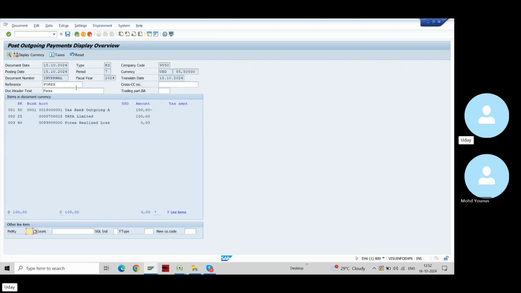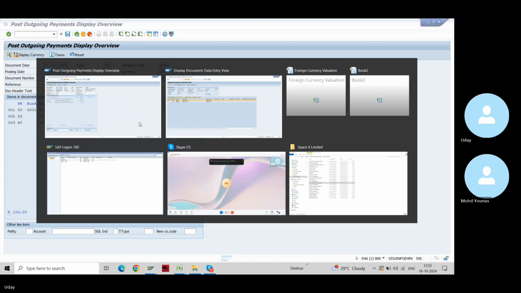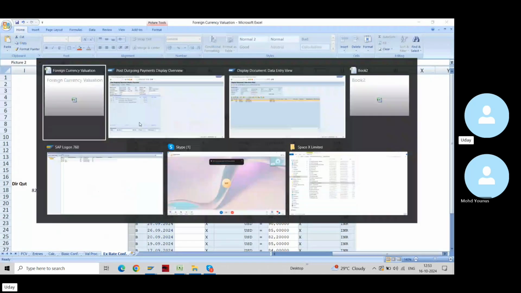So automatically you have not given any Forex realized loss separate entry. The entry got picked up automatically with this ledger. But in this amount column, you have amount only in vendor and bank account. You are not having any amount here because this is US amount. If you convert the same into local currency, you will be able to see the amount here.